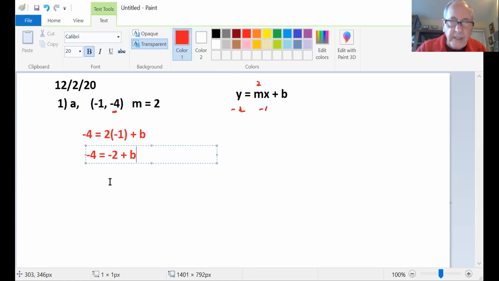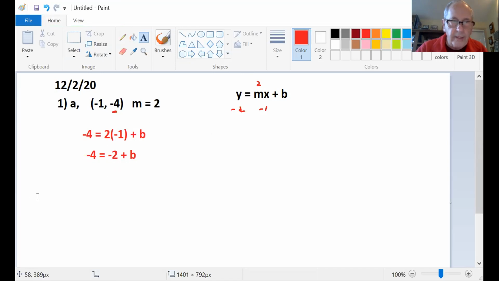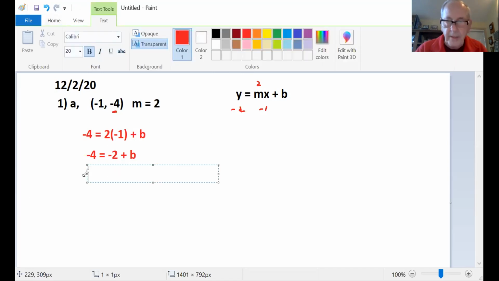Now we have to get b by itself, so we have to add 2 to both sides. So we have 0 on the right-hand side. So it becomes -4 plus 2 is equal to, I'm putting the details in here, -2 plus 2 plus b.